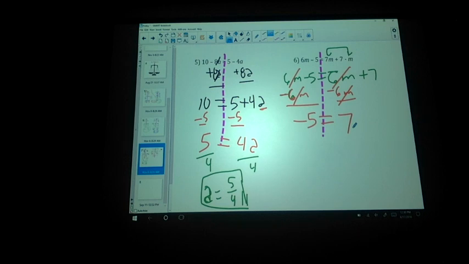Whoa. Did you all know that negative 5 is really equal to 7? Or is that nonsense? Like, did we just discover some math anomaly that no one ever knew? Maybe we did. What do you think?